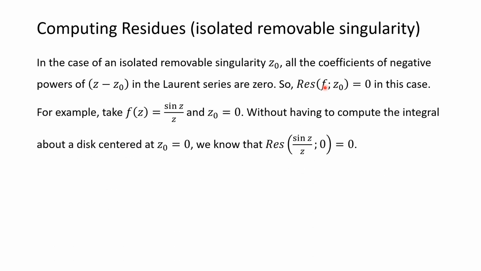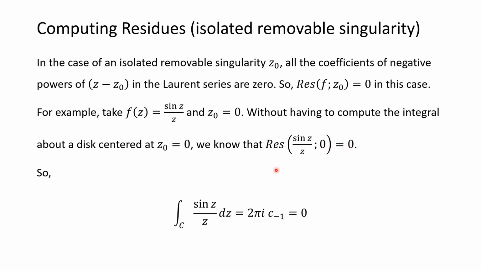So let's look at the case where we have an isolated removable singularity. In that case, all the coefficients of negative powers of z minus z sub 0 in the Laurent series are 0. So the residue of f at point z sub 0 would equal 0 when we have an isolated removable singularity. For example, if f of z equals sine z over z, we saw that that was a removable singularity at z equals 0. And that tells us that the residue of sine z over z at 0 equals 0.